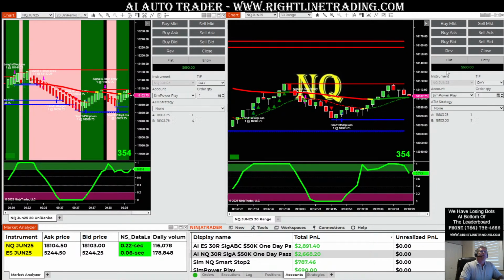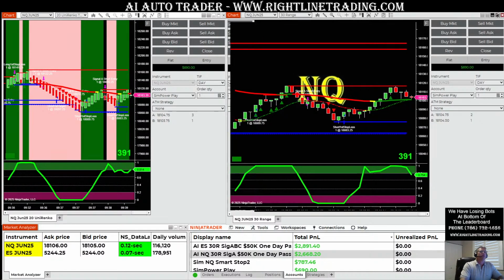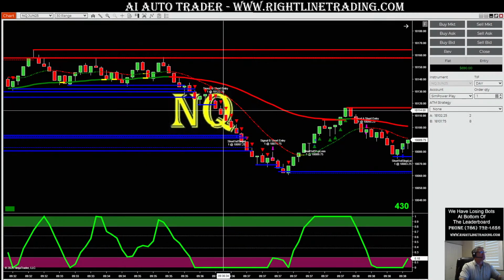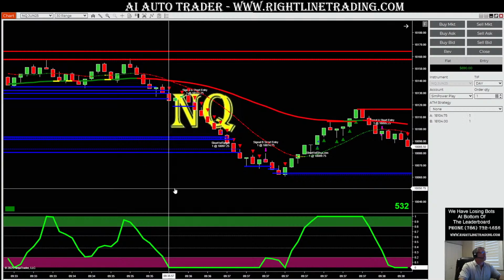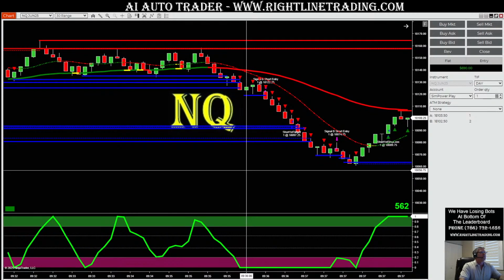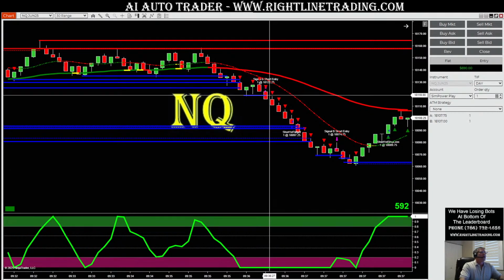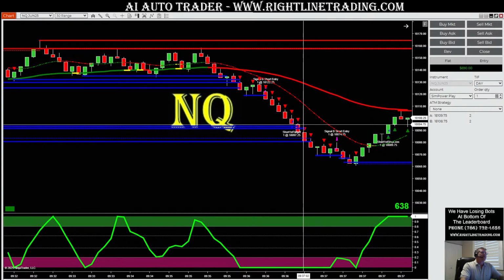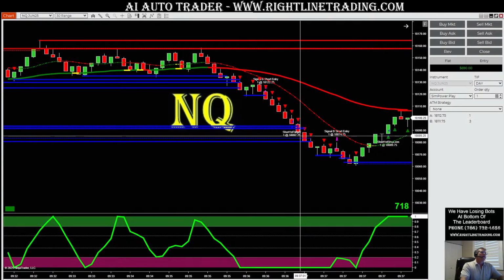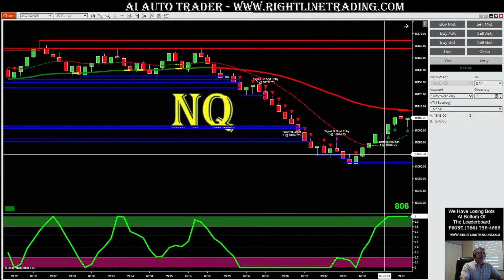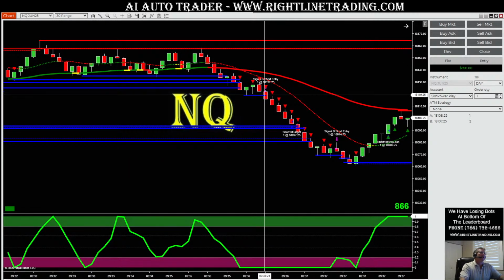But man, that was picture perfect of an entry there. You could see the short entry right here. And boom, straight down into the heart of that move. Very little heat. That's the way we like it. Very little heat on that move.